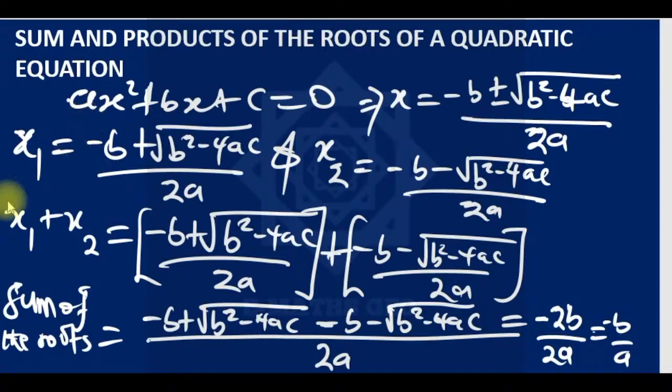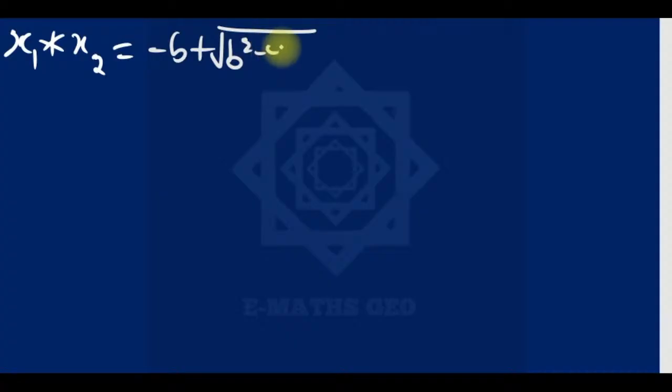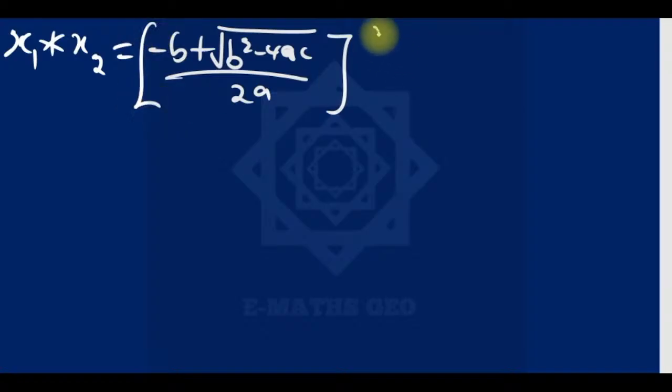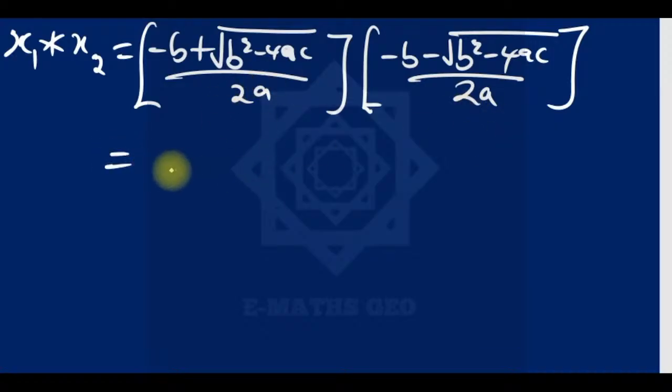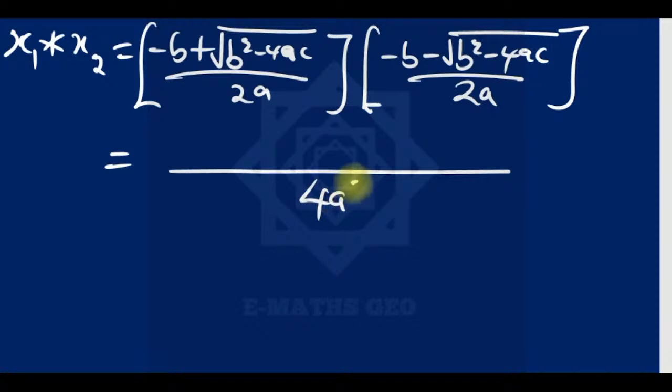So let's do the product. The same way, if you now multiply, that's x1 times x2, which is minus b plus the square root of b squared minus 4ac over 2a, times minus b minus the square root of b squared minus 4ac over 2a. So the denominator is 4a squared, that's 2 times 2, 4, a times a squared.